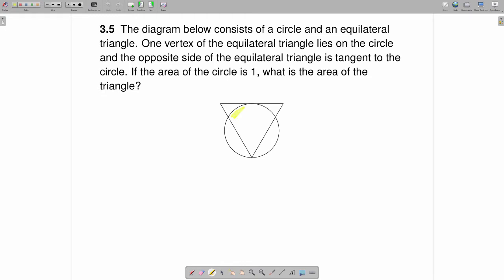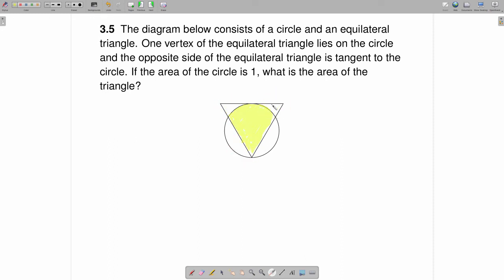Let me shade the area that's in common to both the triangle and the circle. There it is. Now, if you start with that and say they both have that area in common, and you look at the rest of the area, the rest of the area for the circle will be these two wedges down here, and the area for the rest of the triangle is up here, I think you'd agree that these areas are a little bit bigger than these two areas.